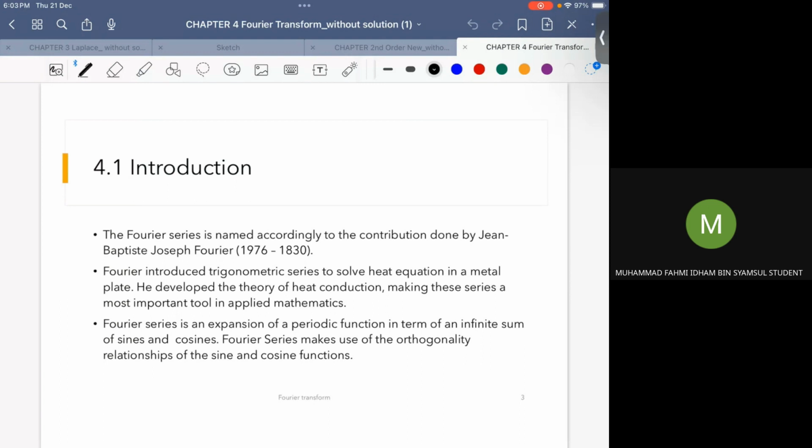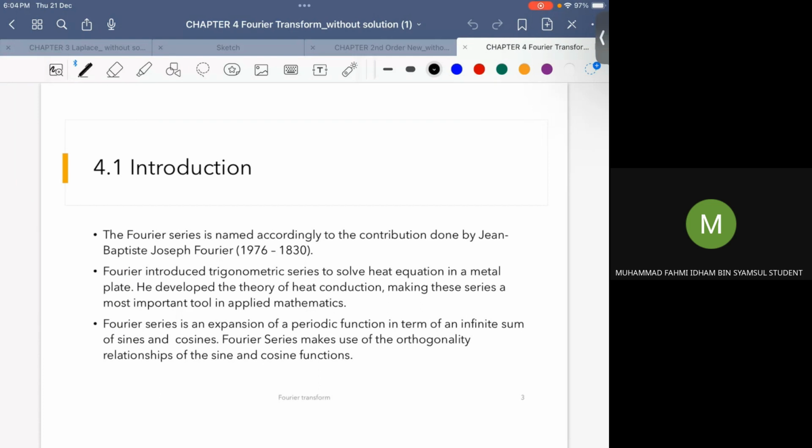So Fourier series is an expansion of periodic function in terms of an infinite sum of sine and cosine. Fourier series make use of the orthogonality relationship of the sine and cosine function. So actually Fourier series is an expansion of periodic function where you transform from one periodic function to a new function consists of sine and cosine only.